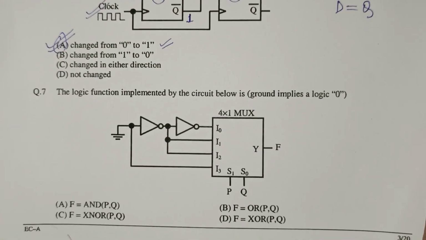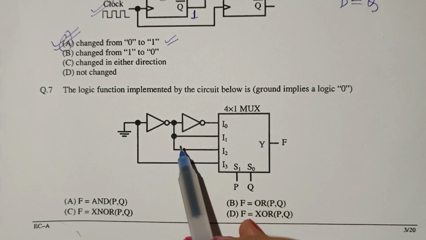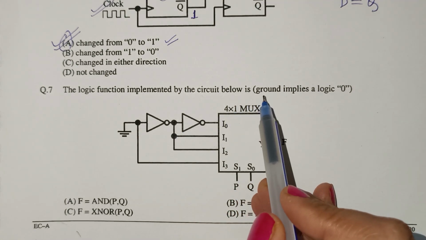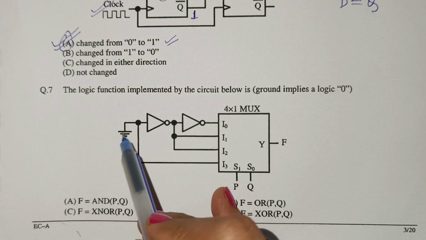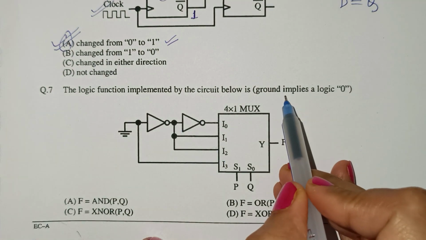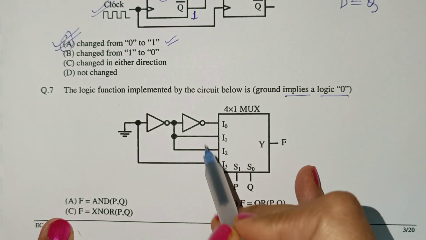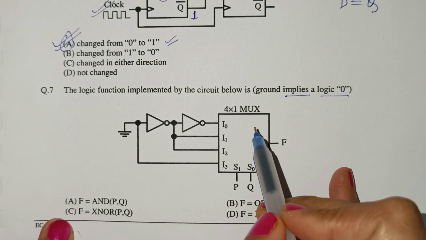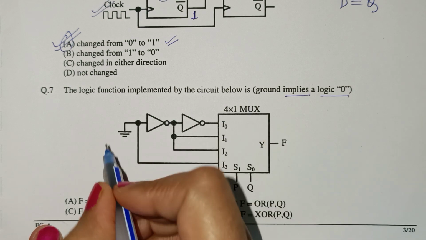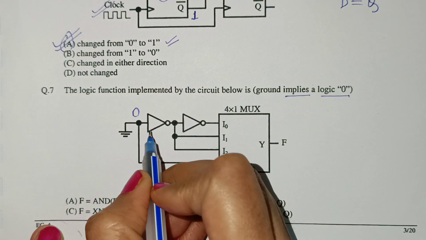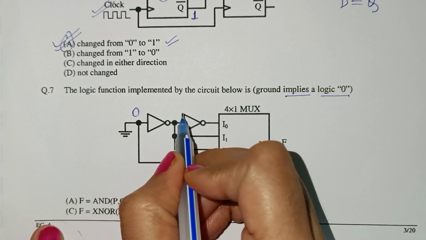Now the second question is, the logic function implemented by the circuit below is, and in this question the ground shown in the circuit is implied as a logic 0. So this is a multiplexer circuit and we need to solve it. Because the ground is 0 and this is a NOT gate, the output of the NOT gate is 1.